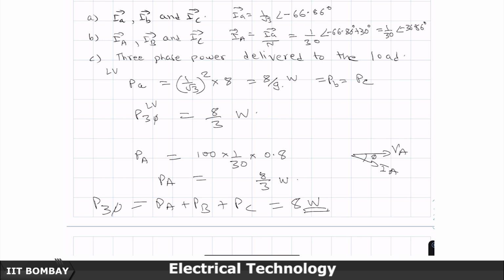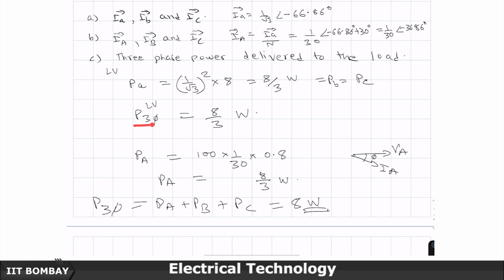So looks like I have done a small calculation error somewhere here, because both sides should match. Let me check. PA is 1 by root 3 square into 8. So 1 by 3 into 8, okay, I have written it 8 by 9. I am sorry about this errata. So this is going to be 8 by 3 watts, which is equal to PB, which is equal to PC.